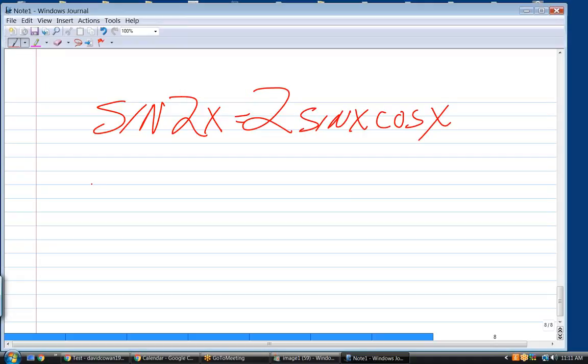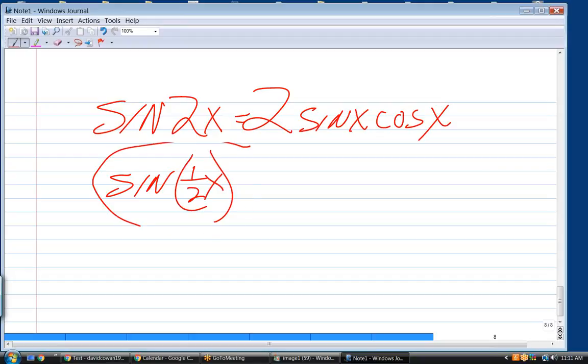What is that helpful with if you have an angle? The double angle isn't nearly as useful as the half angle. In other words, there's also the sine of a half angle x. And this is useful. Say you wanted to know the sine of 22.5 degrees. Well, you would use the half angle if you didn't have a calculator.